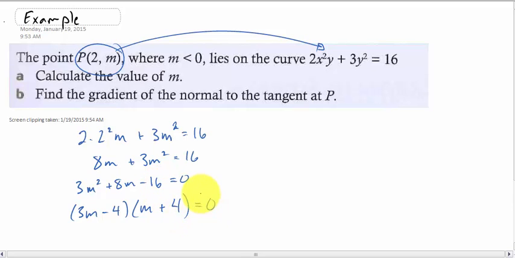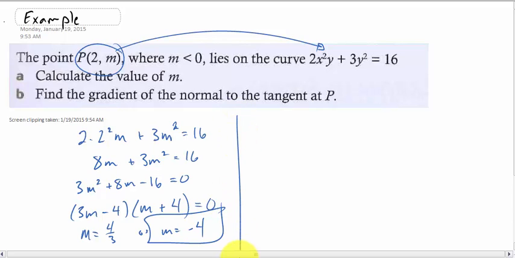And we get m is equal to 4/3, or m is equal to -4. And since m has to be negative, m is -4. And now that we know that, we can find the gradient of the normal to the tangent at P. Whoa, wow, that's intense.